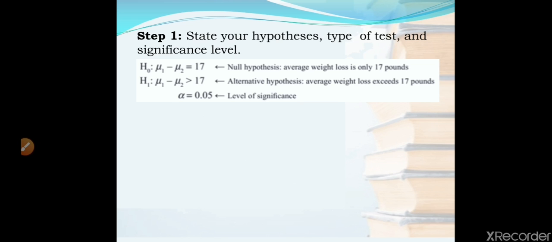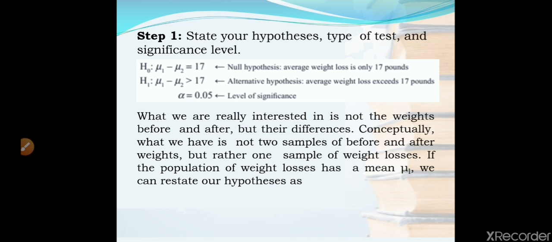Now here, because the same people are weighed before and after, what we are really interested in is not the weights before and after but their differences. So conceptually what we have is not two samples of before and after weights, but rather one sample of weight loss.